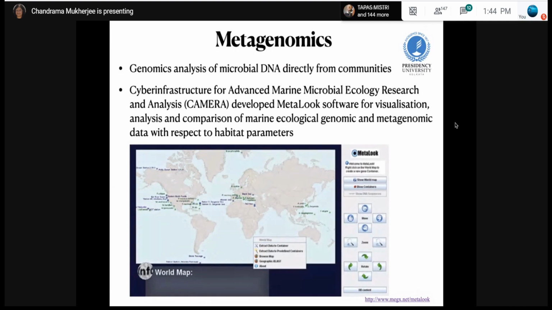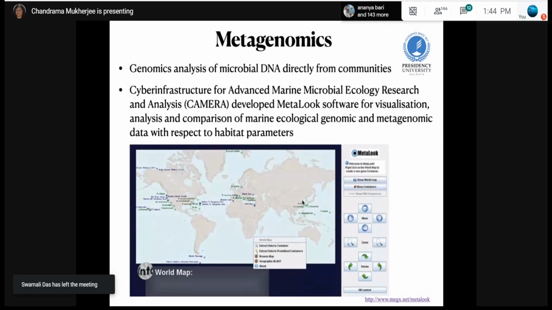In the past, there was a great association among ecologists, microbiologists, and molecular biologists who developed MetaLook software for visualization, analysis, and comparison of marine ecological, genomic, and metagenomic data with respect to habitat parameters. If you look at the map, this is the world map with some places.